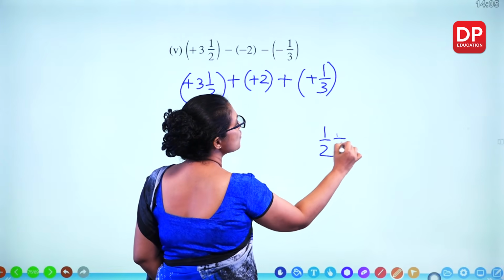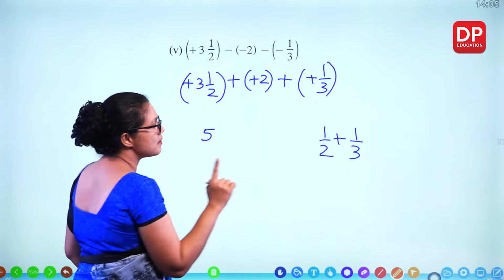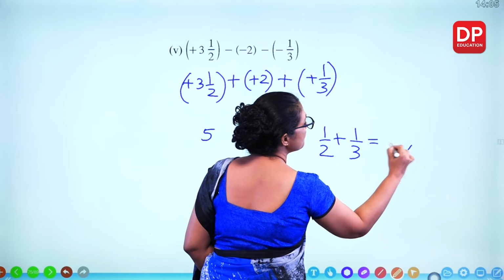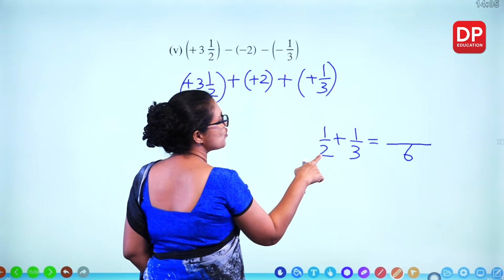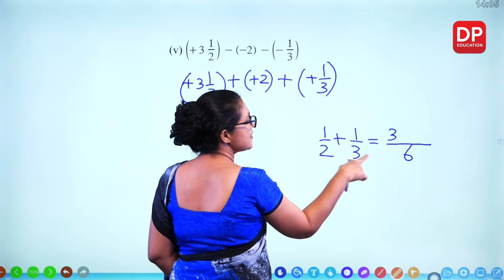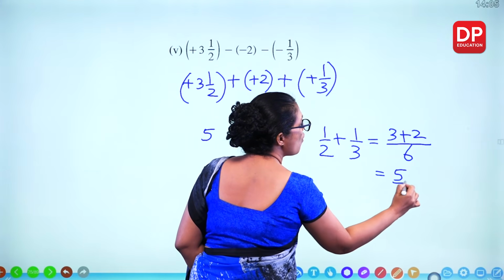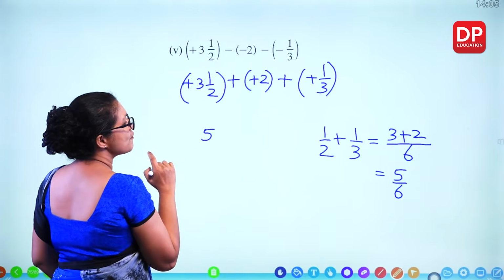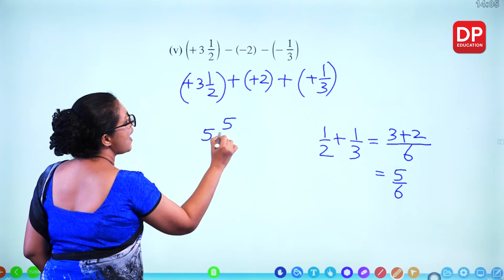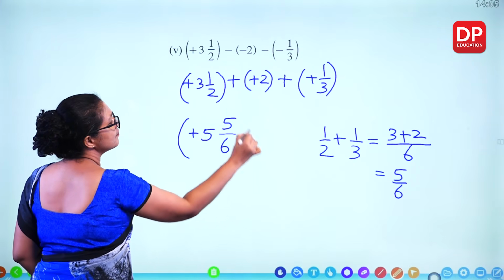What's half plus 1/3? Convert to the same denominator. Lowest common multiple is 6. 3 times 1, 3. 2 times 1, 2. So you get 5/6. So what's the final answer? 5 and 5/6. So that's positive.